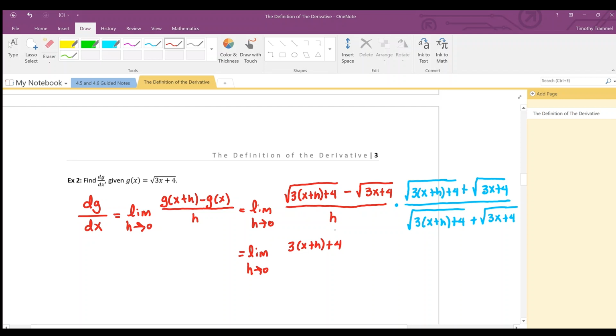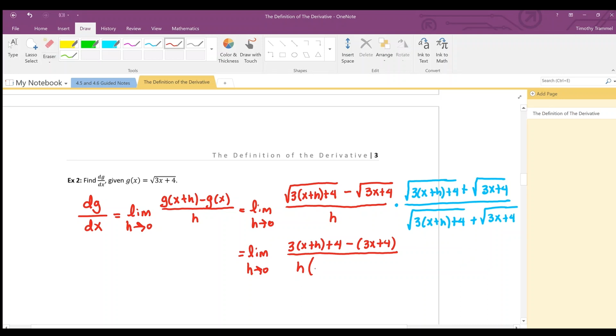Our two middle terms will wind up canceling from that product. And then finally, we're going to multiply minus the square root of 3x plus 4 times the square root of 3x plus 4. So it's just going to give us minus 3x plus 4. And then this is all over h times this mess down here.